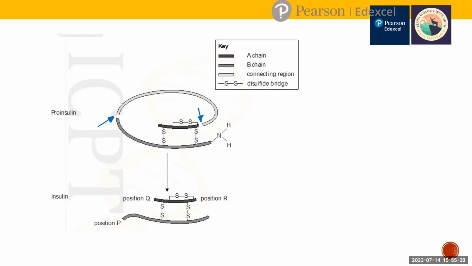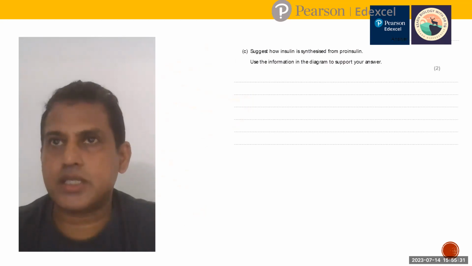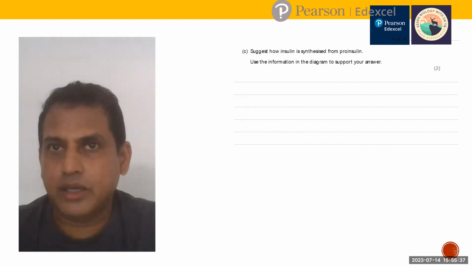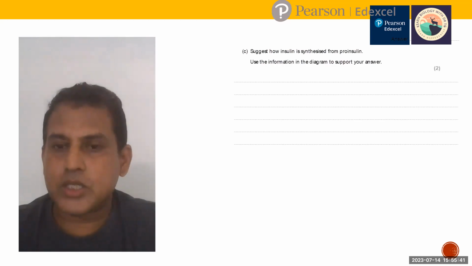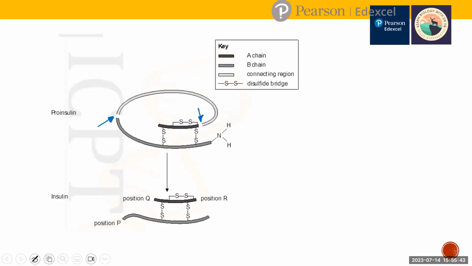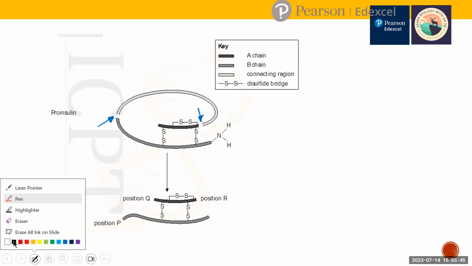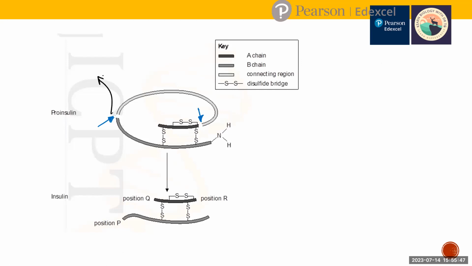Now you have to understand in such types of questions, you have to explain the mechanism. So what is the mechanism behind this removing? When we look at this connecting region, definitely as we learned before, there's an amino acid from this side. Let's say this is one amino acid at this end, and this is another amino acid from this end.